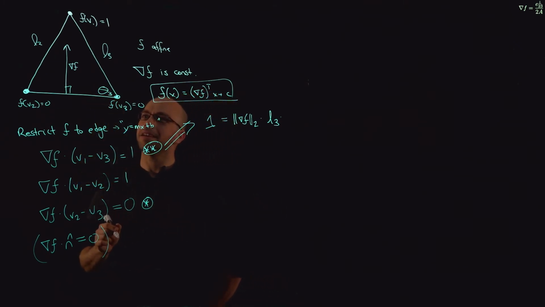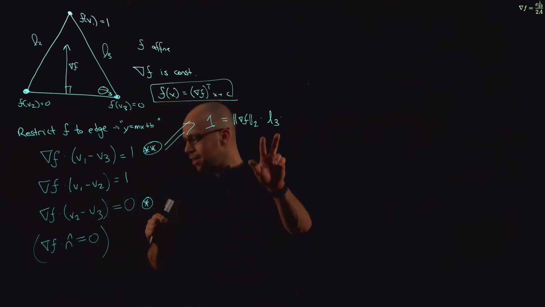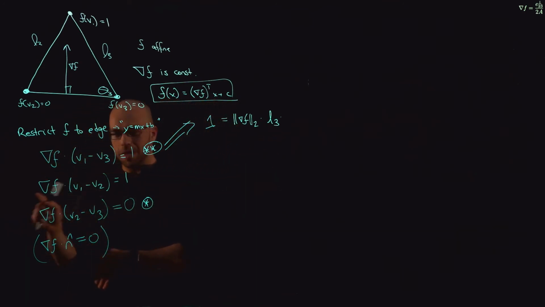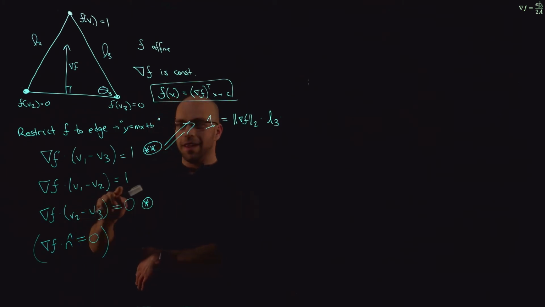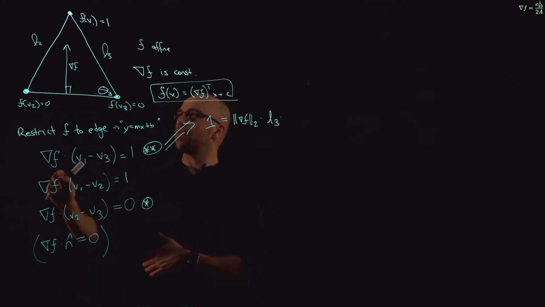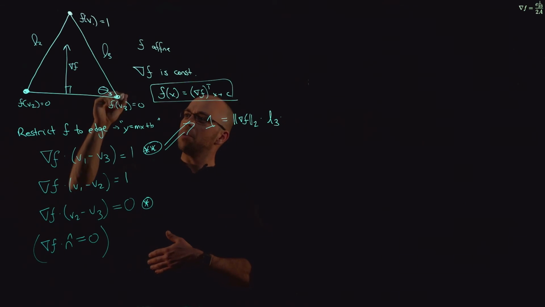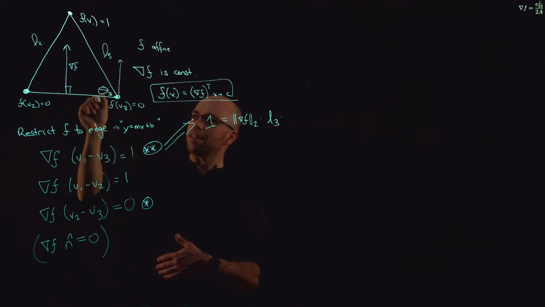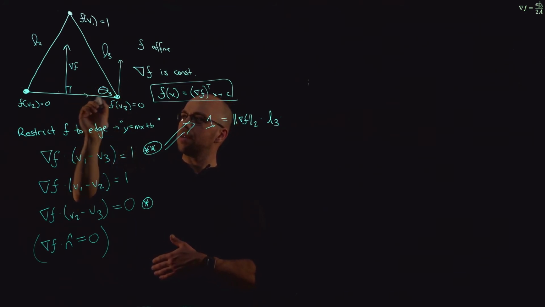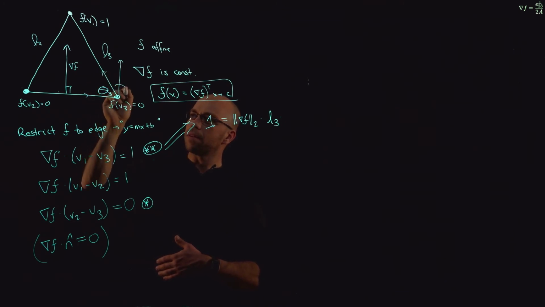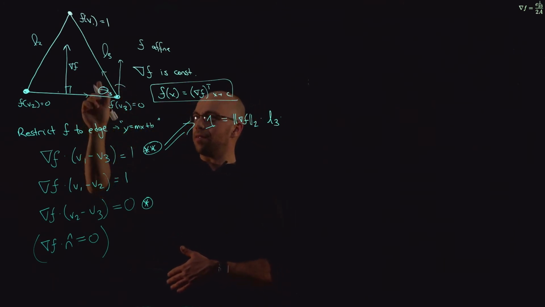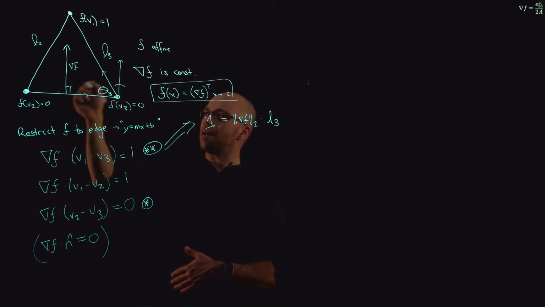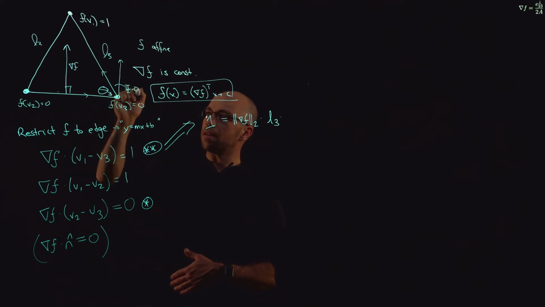Okay, so what is the angle between the gradient of f and the vector between v1 and v3? Well, we can take this vector and translate it any way that we want. So maybe we put it over here. So now we can see that the angle between this edge here and this edge, if this is theta 3, well, then the complement, because gradient f is rotated, is just going to be pi over 2 minus theta 3.